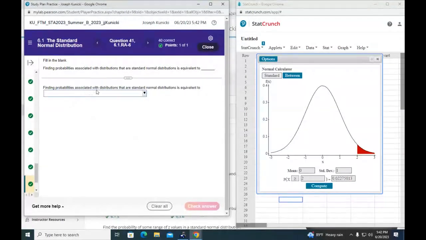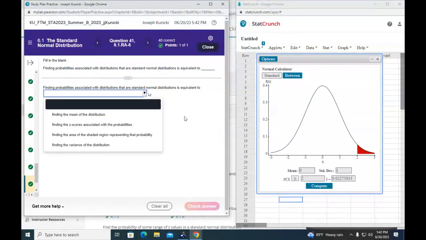They're trying to fool us. Finding probabilities associated with distributions that are standard and normal is equivalent to... well, you can eliminate finding the z-scores associated with the probability.